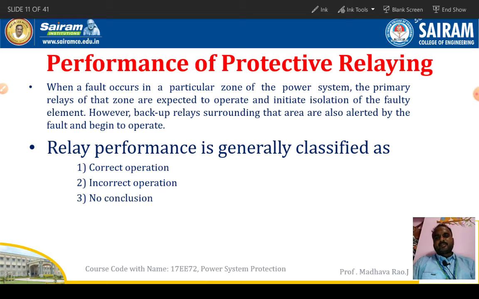Now we will see, when a fault occurs in a particular zone of a power system, the primary relays of that zone are expected to operate and initiate isolation of the faulty element from the system. However, the backup relays surrounding that area are also alerted by the fault and begin to operate.